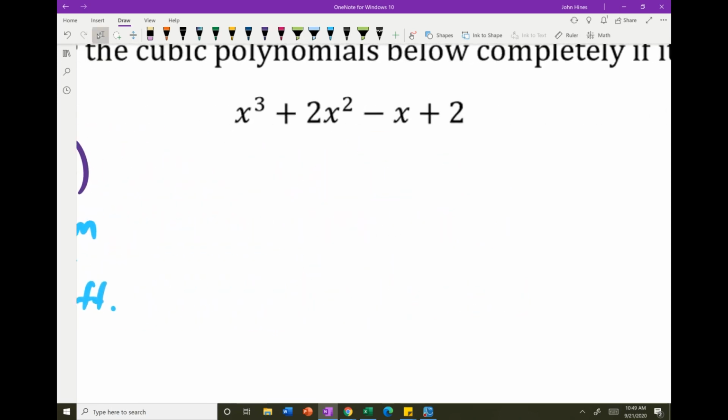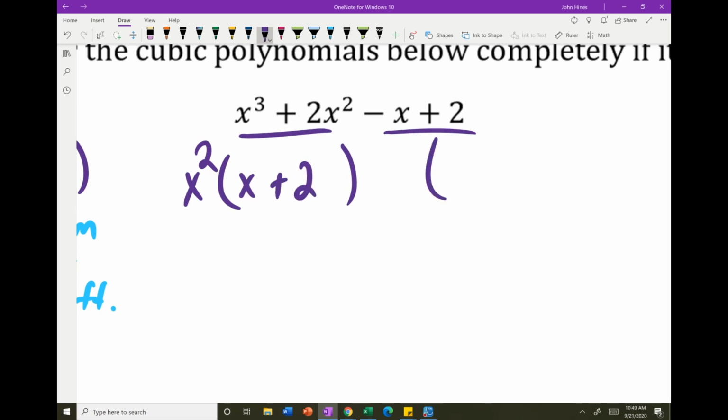4 terms, let's try grouping. Groups of 2, groups of 2. GCF right there, x plus 2. So I better end up with x plus 2 over there. Well, what times x is negative 1x? So I need a negative 1. But notice, it's not looking good because if I distribute that negative 1 in, I get a positive 2.